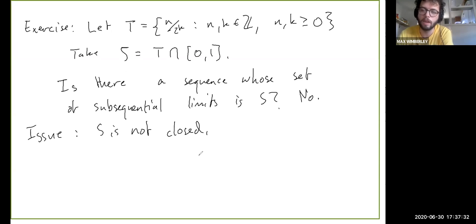Meaning if you form a sequence whose terms are all members of the set, and that sequence converges, the limit also has to be in the set. So proving that S is not closed amounts to finding a sequence whose values are in S, but whose limit is not in S. Did anyone actually do that? I'm curious.